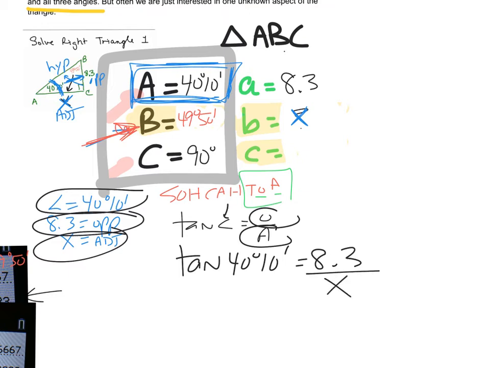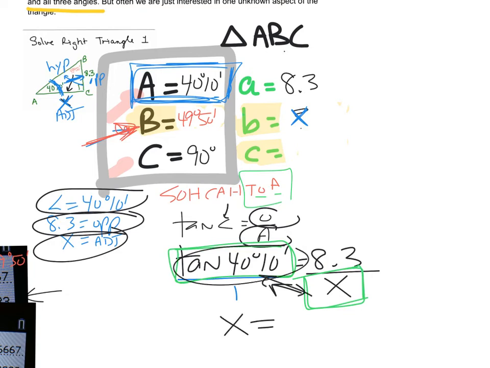And now I'm going to solve by putting the tangent of 40 degrees 10 minutes over 1. But here my x is in the denominator, so when x is in the denominator, I'm going to use that switcheroo rule, which basically says to take the x and the tangent and switch places. So x is going to go where the tangent was.